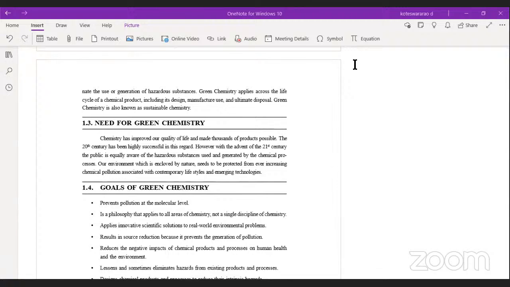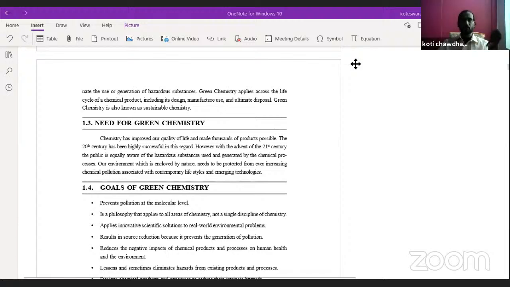After that, we need to dispose of it. This disposal process, synthesis process and using process all should be environmentally friendly. Then only it becomes green chemistry. Green chemistry is a sustainable chemistry. That sustainable chemistry increases the lifespan or maintains a better environment.